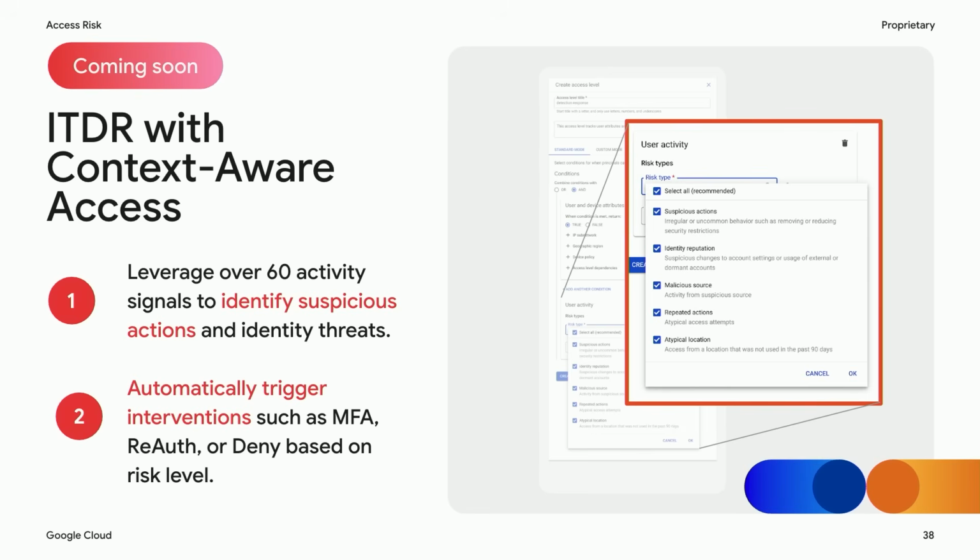And when these suspicious actions are detected, you can configure the system so that you can automatically trigger interventions such as MFA, reauth, and deny. This significantly, once again, reduces your attack surface because in real time, you're identifying suspicious actions and controlling them.